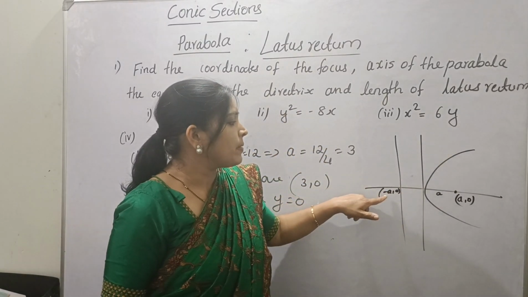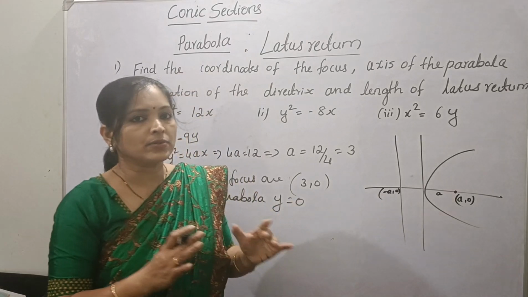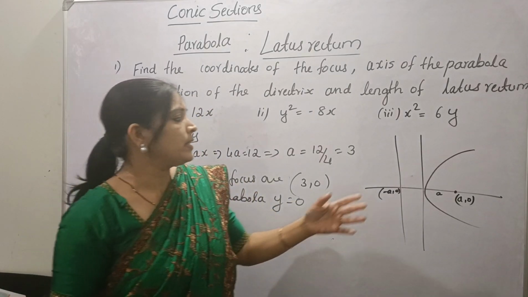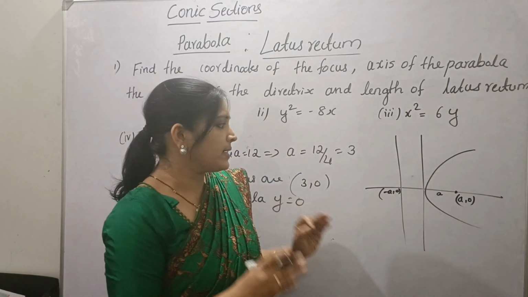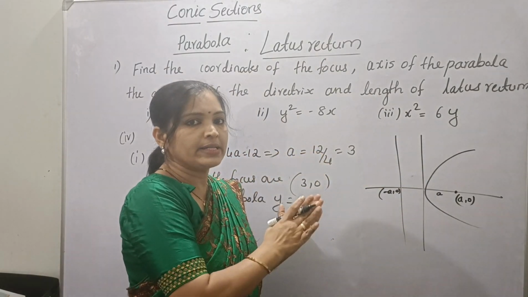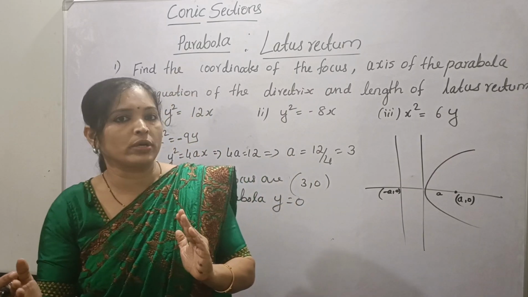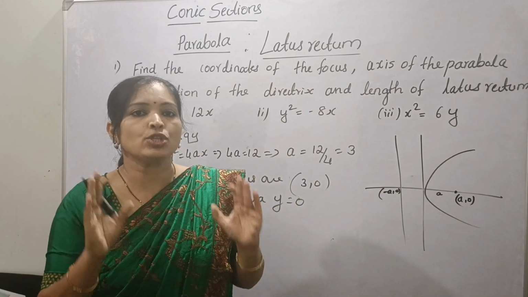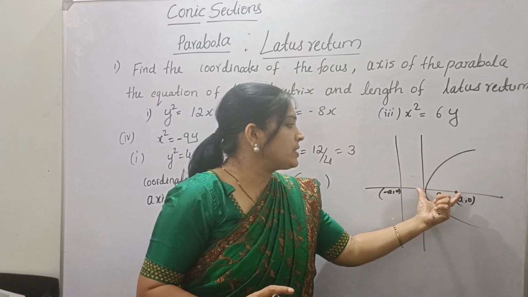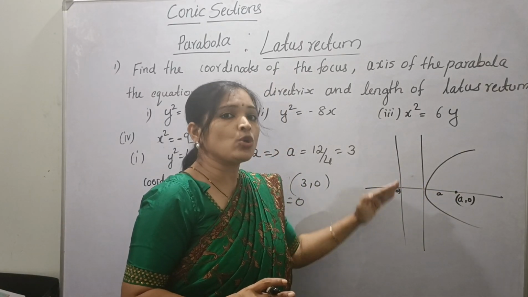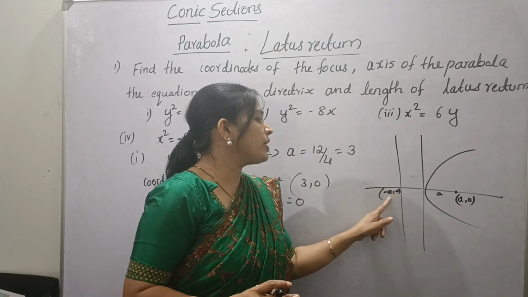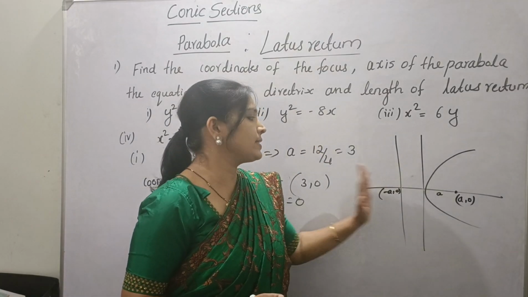By the definition of a parabola, these distances from the origin to the directrix and from the origin to the focus should be equal. So if this distance is a, this is also a, and since this point is on the negative x-axis, this point is (minus a, 0).